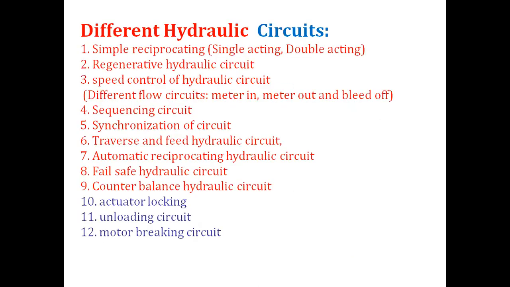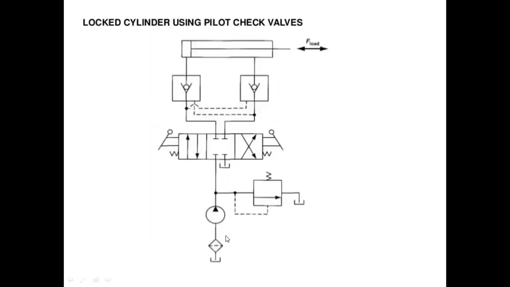So today we have learned about actuator locking, unloading circuit and motor braking circuit. Actuator locking means we lock our actuator. See, oil goes to first position. In this way, oil goes here, the cylinder actuator extends, but at the outlet, the cylinder oil does not go.